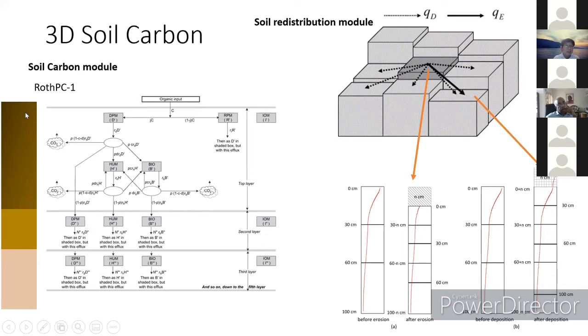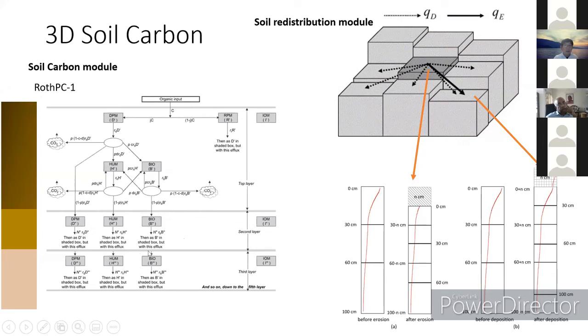This is a different RothC model, called RothPC-1, because the RothC model is usually a single layer. The RothPC-1 has profile layers, and each layer has different pools.